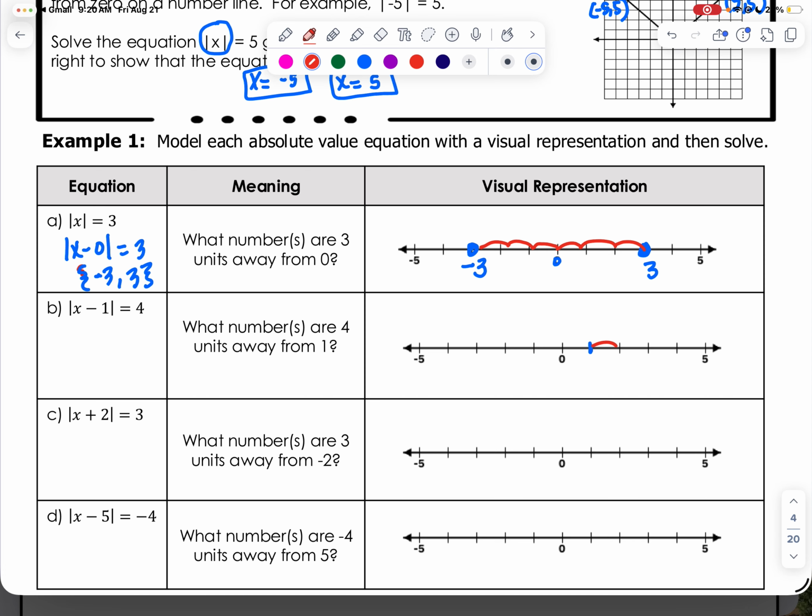So 1, 2, 3, 4, here's one of my solutions. And then 1, 2, 3, 4, here would be my other solution. So this would be negative 3, and this solution is 5. When I write my solution set here, there are 2 numbers that would make this equation true, negative 3 and positive 5.